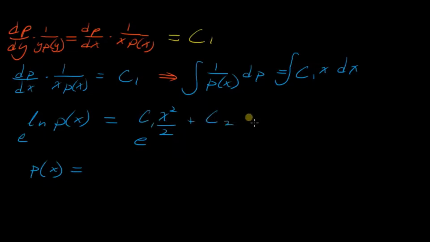But we know we can write this this way because these are the same bases, and if we combine same bases by multiplication, we add the exponents. And then notice that e is a constant, c2 is a constant, so that's just some constant. So we're going to call that a, and we're going to put it in front.